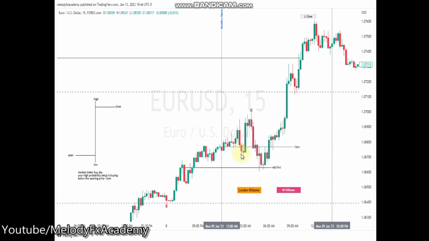So you could have gotten a long entry for that, but I'm not interested in this kind of movement, right? So I'm more interested in price reaching for this OB as a discount array. Seeing it on the 15 minutes, you can also see that we have a 15 minute OB overlapping with it, okay. So that's 2 discount arrays at the same time, okay, below midpoint and at the same time below the 12 a.m.